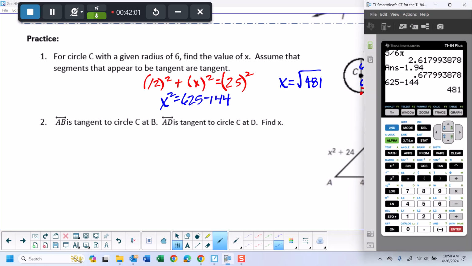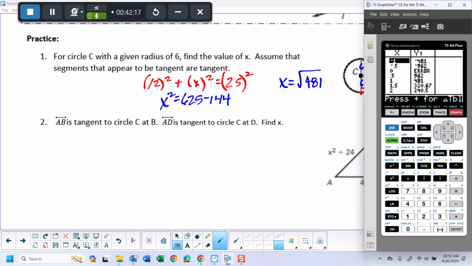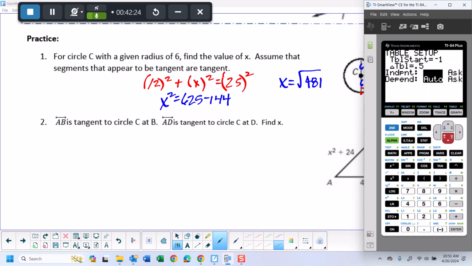When I think about 481, is that divisible by 9? No. So we'll go to y equals, and we'll do 481 divided by all the numbers in the whole wide world. We'll go to my table and go to my table set. Mine's messed up because of what we were doing in calculus, so give me a minute.